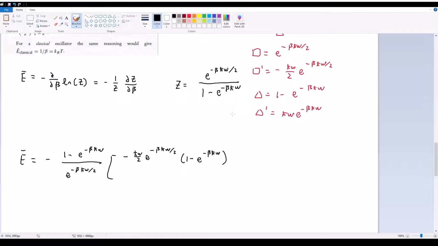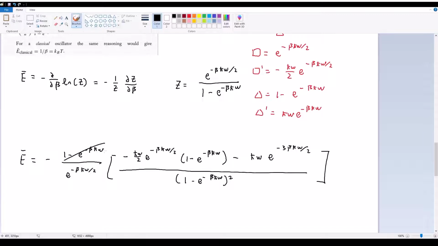So minus h bar omega times box, so e to the negative 3 beta h bar omega over 2. And this is all divided by triangle squared, which is 1 minus e to the negative beta h bar omega, squared.